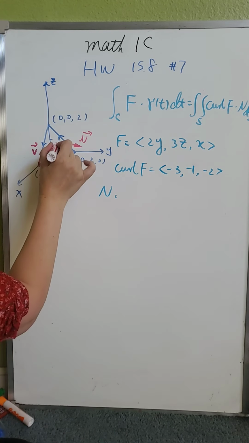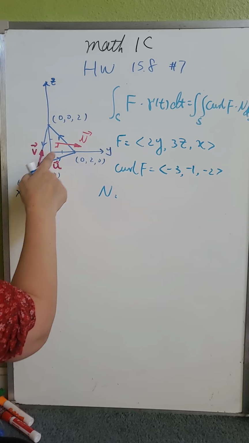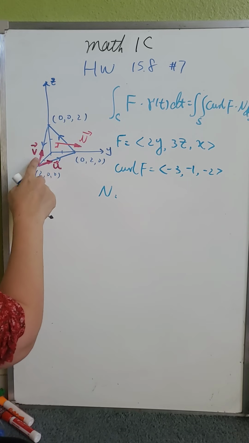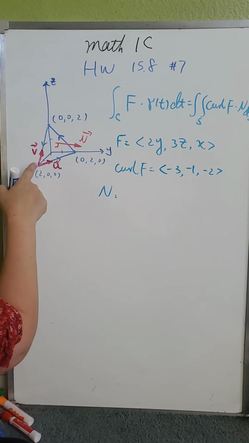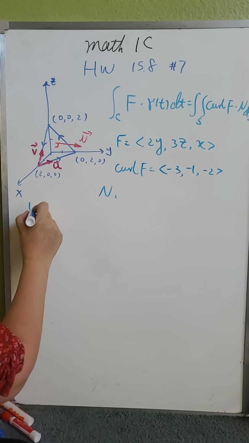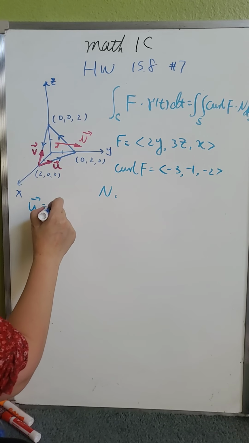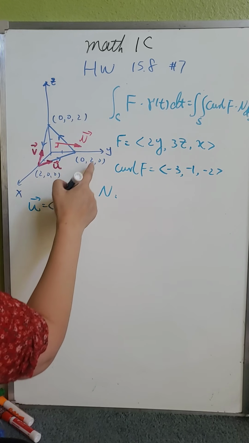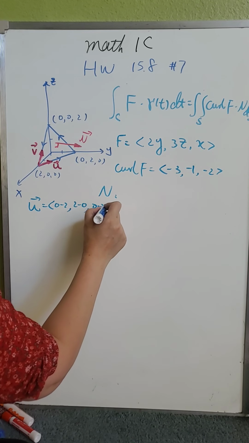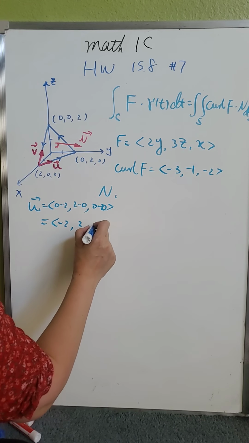Okay, so n is a normal vector perpendicular to the plane. To get the normal vector, we need to find 2 vectors and cross them. So I find a vector u and a vector v. My u is equal to 0 subtract 2, 2 subtract 0, 0 subtract 0, so that comes to -2, 2, and 0.